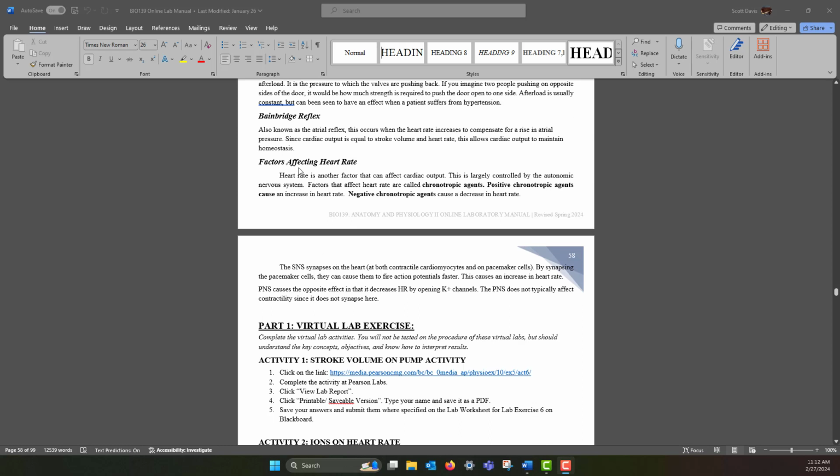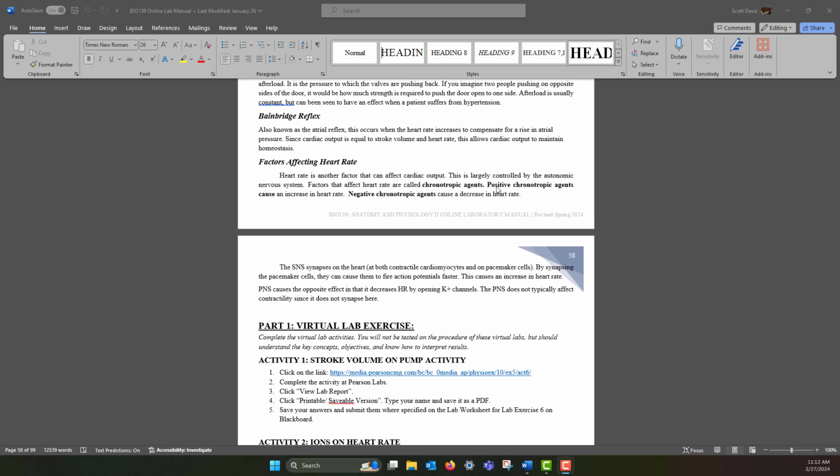Now, factors affecting heart rate, some other things, well, there are things called chronotropic agents. Chronotropic agents are any factor that either increases or decreases heart rate.